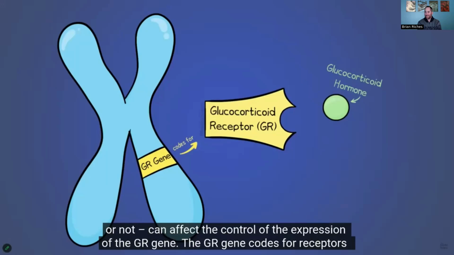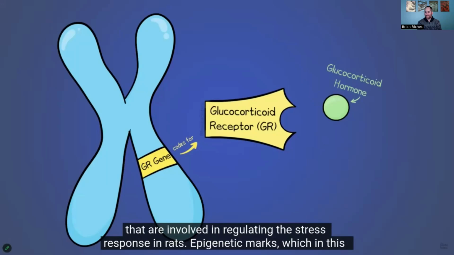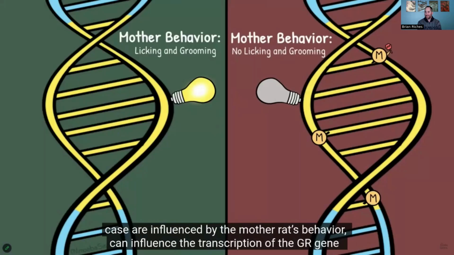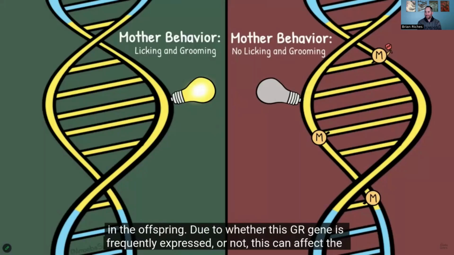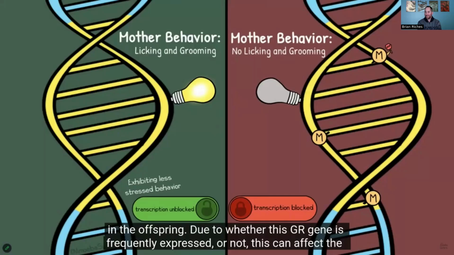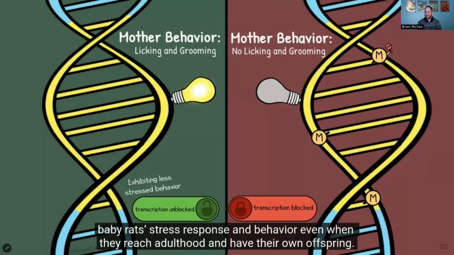The GR gene codes for receptors that are involved in regulating the stress response in rats. Epigenetic marks, which in this case are influenced by the mother rat's behavior, can influence the transcription of the GR gene in the offspring. Due to whether this GR gene is frequently expressed or not, this can affect the baby rat's stress response and behavior even when they reach adulthood and have their own offspring.